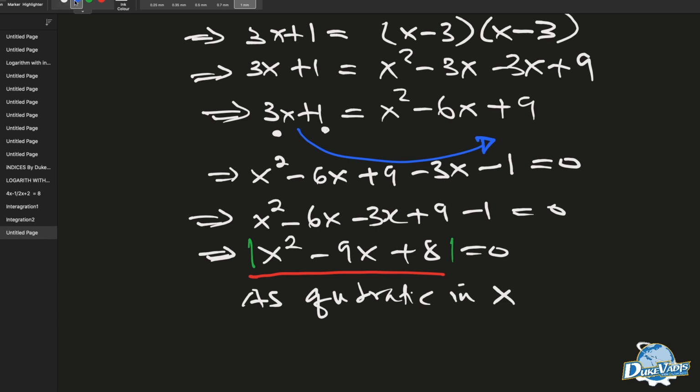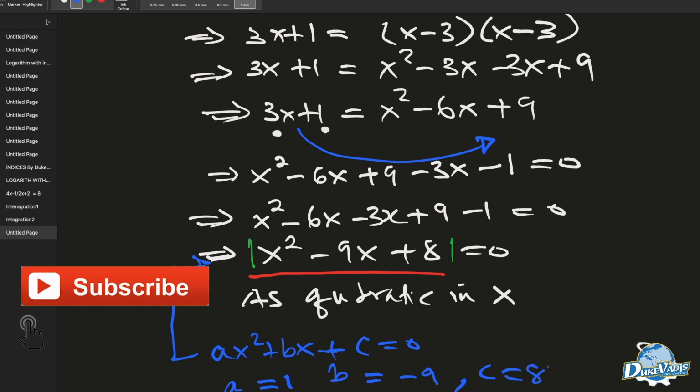We know that the quadratic is given as ax squared plus bx plus c is equal to 0, where a is the coefficient of x squared, b is the middle term, and c is our constant. When we compare this to our equation here, we can say that a is equal to 1, b is equal to -9, and c is equal to 8.